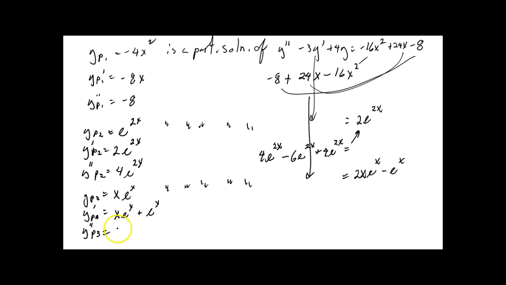That would be xe to the x plus e to the x plus another e to the x, so it's plus 2e to the x. Okay? One from the derivative of this one and one from the derivative of that one.